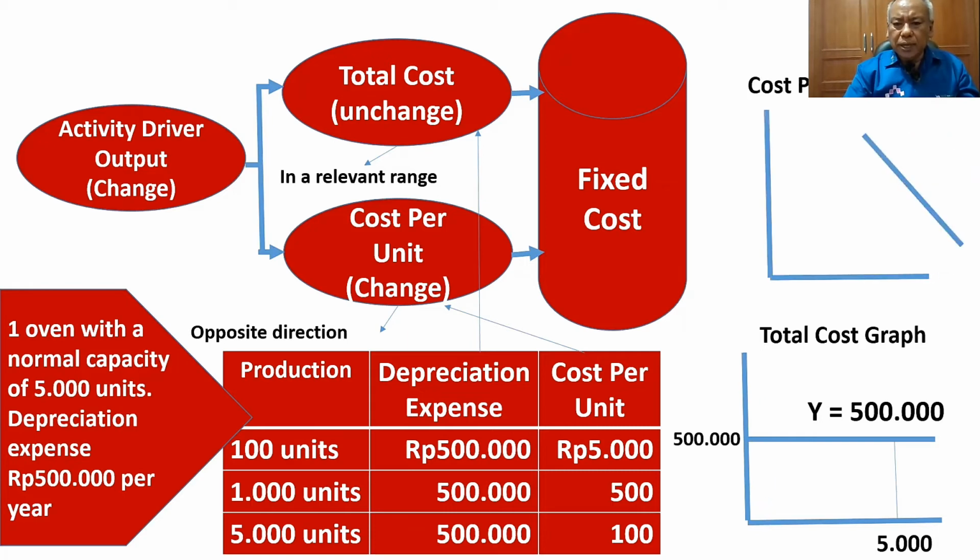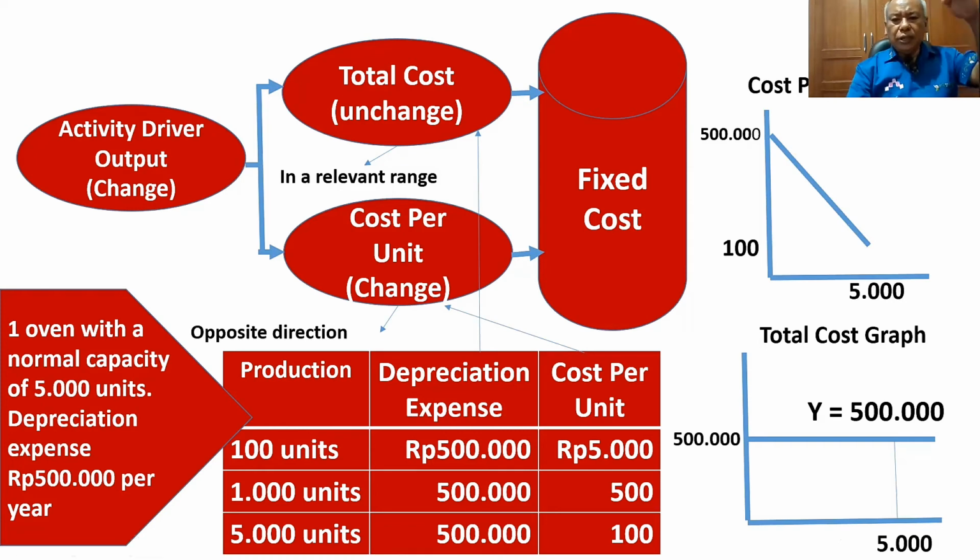In the cost per unit graph, you can see that with no production, for example, we still depreciate the oven, so the cost per unit will be 500,000. But if we produce 5,000, the unit cost decreases significantly to 100.